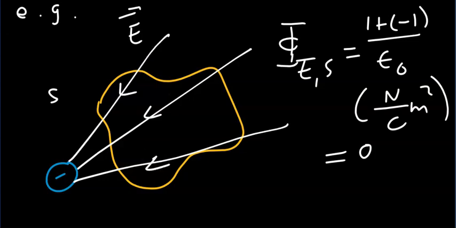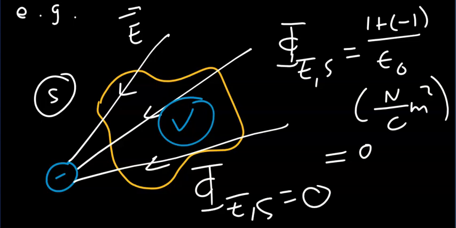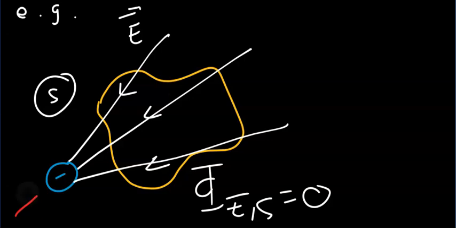Now, if we ask what is the electric flux through this surface S, immediately from Gauss's law, since there is no net charge in this region bounded by that closed surface, you can say that the net electric flux through that surface is identically 0. This is due to the fact that this charge here, although it's present, is outside that surface. So within the surface, there is no net charge.